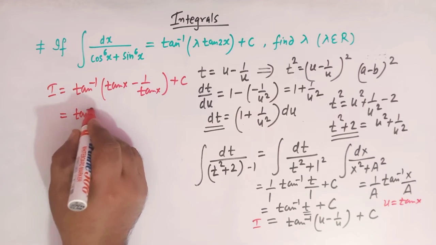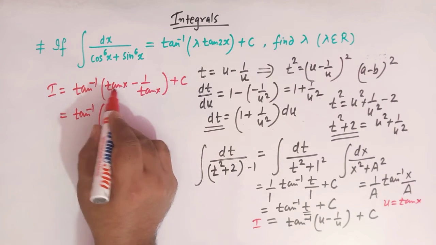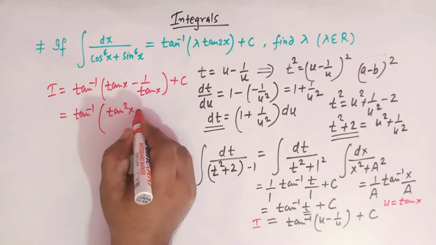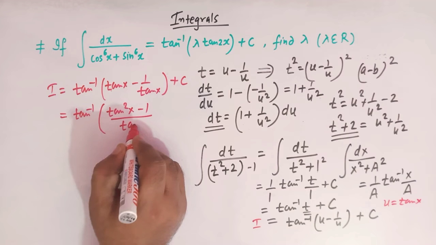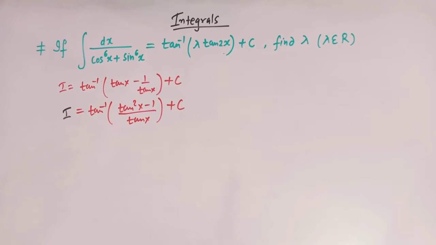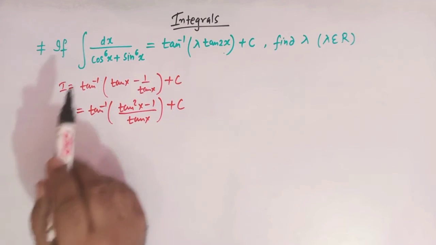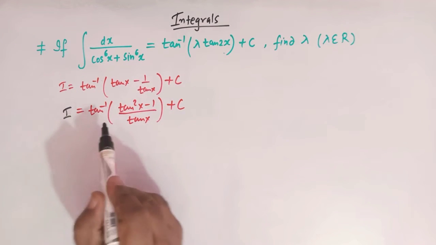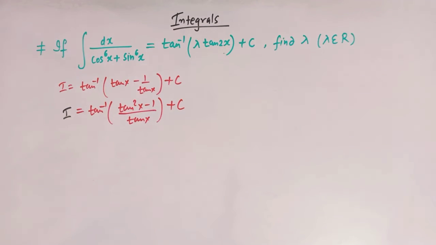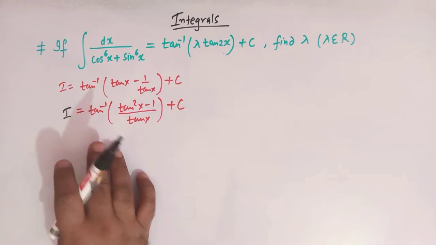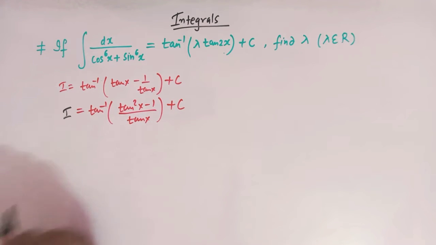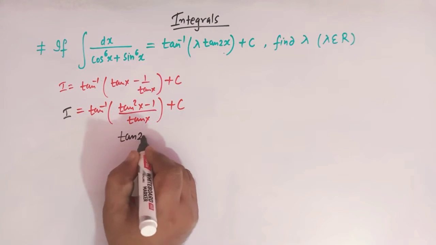So we can now write tan inverse, and here tan x minus 1 over tan x, so we can write it as tan square x minus 1 over tan x, right? And plus c. So now we have the expression for our integral I as tan inverse of tan square x minus 1 over tan x plus c, right? So at this step we'll make use of an important result from trigonometry, that is for tan 2x, right?